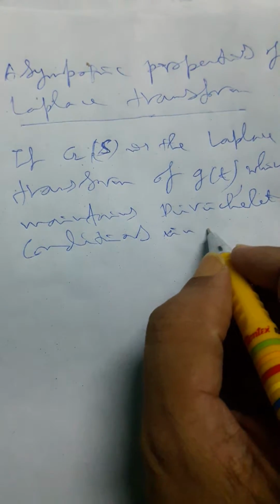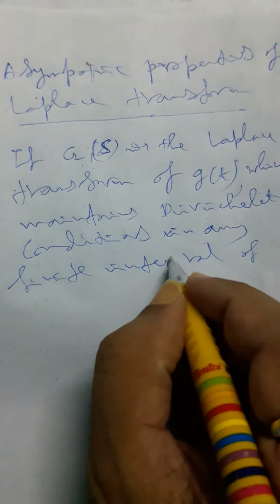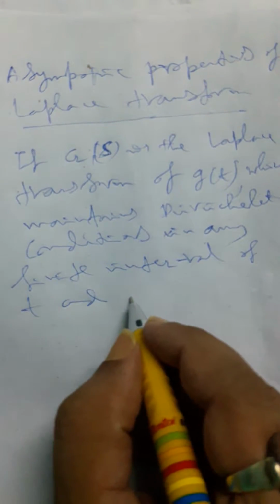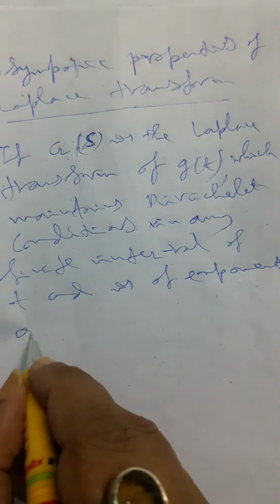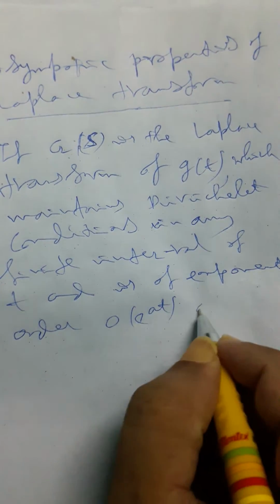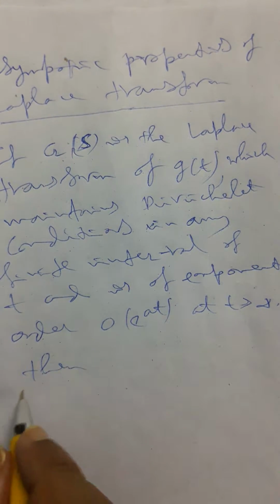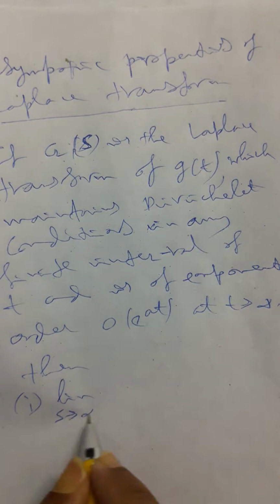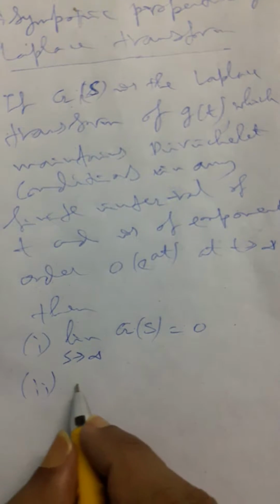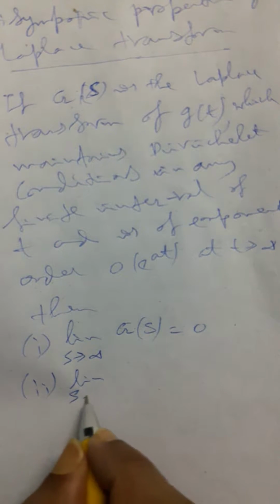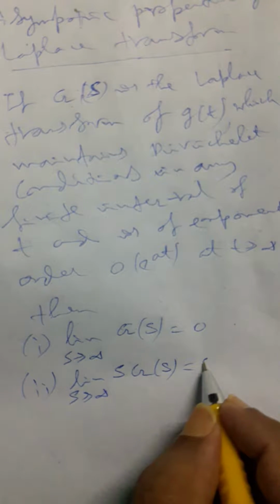in any finite interval of t and is of exponential order e to the power at as t tends to infinity, then the first condition is the limit as s tends to infinity of G(s) equals 0, and the second condition is the limit as s tends to infinity of sG(s) equals g(0).